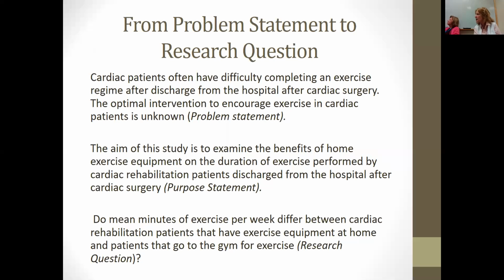See how the last one got really specific and you know exactly what they're going to measure? So this is a good one to kind of have in mind as you're trying to flesh out your problem statement, your purpose, and your question. Any thoughts about that one? Comments?